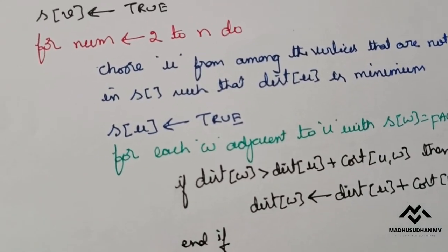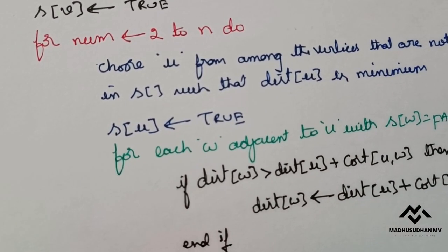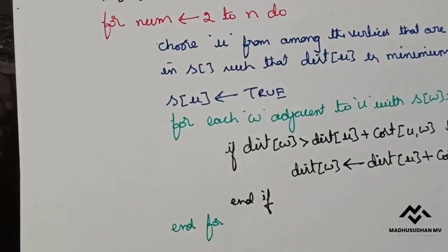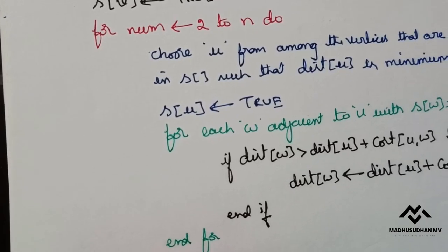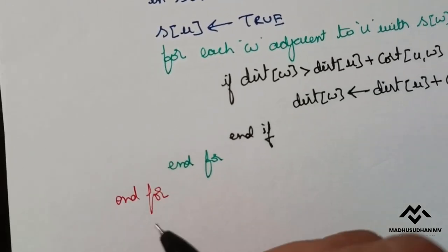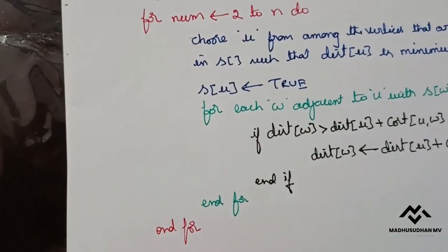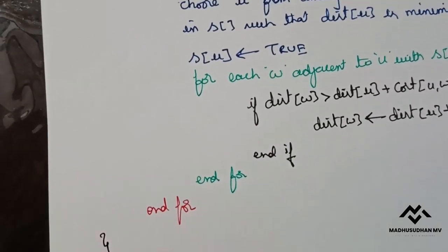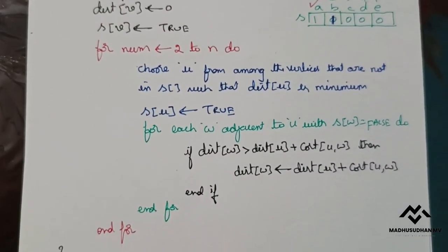End if. So then you do this end for. Then again this outer for I need to end for. Then finally I need to end the algorithm, that is Dijkstra. Okay, this is the algorithm.